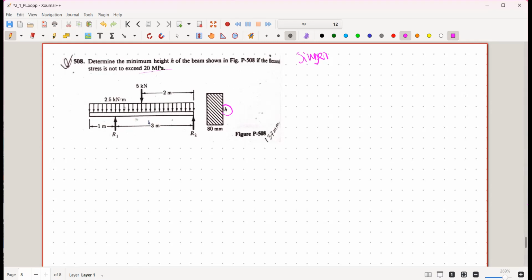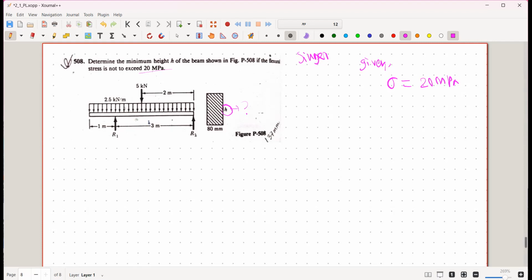So we are given the value of stress, which is 20 megapascal, and we are also shown the cross section of the beam right over here, whose width is 80 millimeter and height is h. We have to determine the minimum value of it. This is a mixed problem, involving shear force diagram and bending moment diagram, so we have to combine it with the flexure formula.